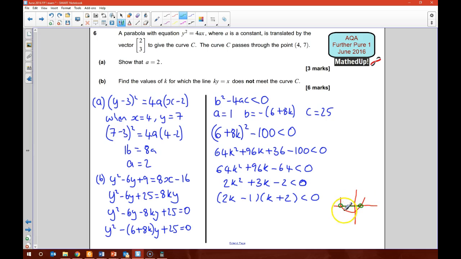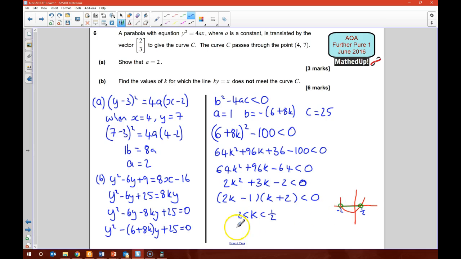These values give us something that is below the axis, less than 0, and that's going to help me then to write down my solutions. That would be negative 2 there, and that would be a half there. So therefore k is going to be greater than negative 2, but less than a half.